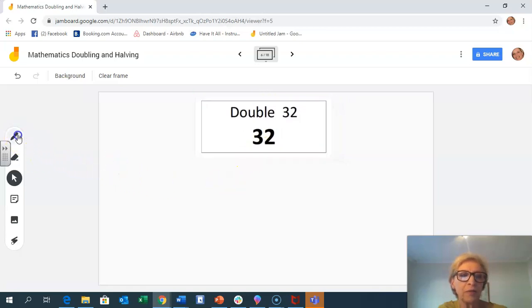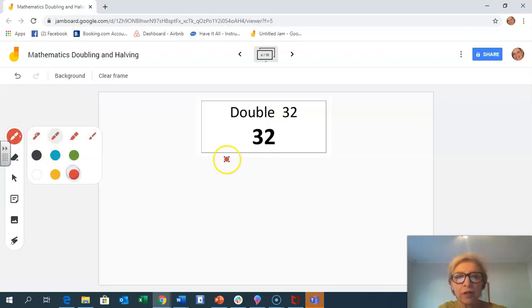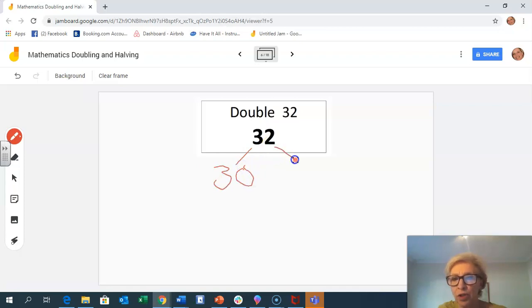So firstly, we need to take note, grade 3s, that 32 is made up of 30 and 2. You must understand, and it's very important, that the 3 in this position is not 3, but it's 3 tens. So it represents 30. That 3 stands for 3 groups of 10. So in other words, it has the value of 30.